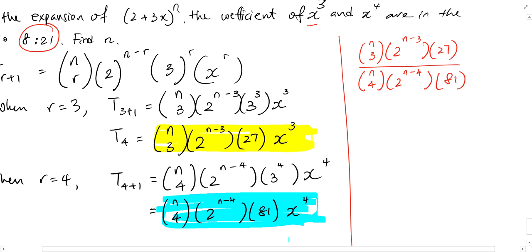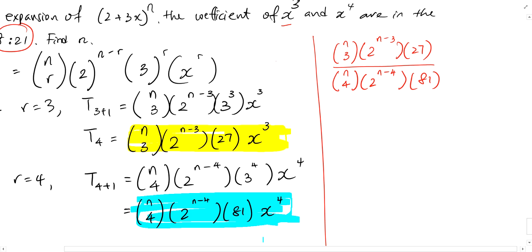I always convert ratios to fractions because I'm very comfortable working with fractions, as all of you are. Fractions are not a problem. When they say the ratio of this one to this one, you may make careless mistakes. Convert to a fraction and you won't make mistakes. So the ratio of the x cubed to the x to the power 4 coefficient will be equal to 8 over 21.